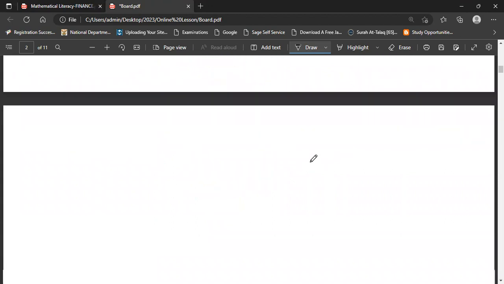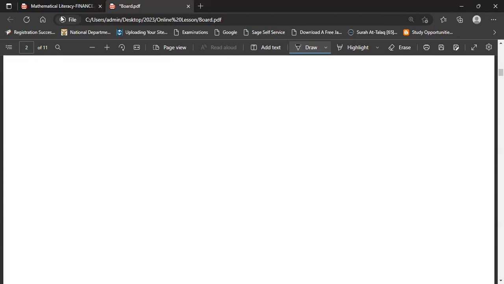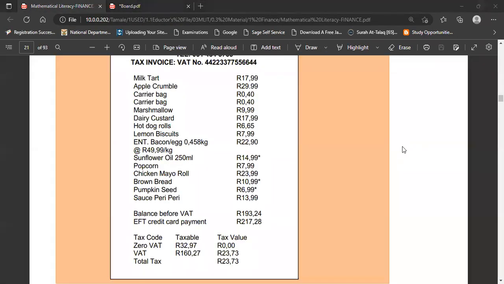All right, let's go and look at what we call the till slip. This is what you get after buying from ShopRite, evidence that you've paid for the items that you're carrying.